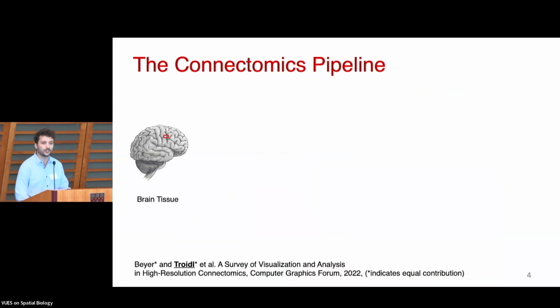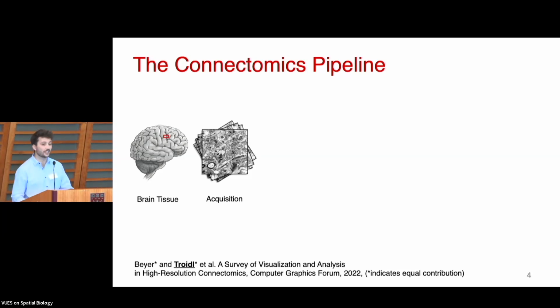And I want to talk about two projects briefly that I've been doing in this space. But before that, I will briefly introduce the Connectomics pipeline. So usually researchers start with extracting a small piece of brain tissue, either from a human or a fly. And as a next step, they cut it into very, very thin slices, usually a couple of nanometers thick.